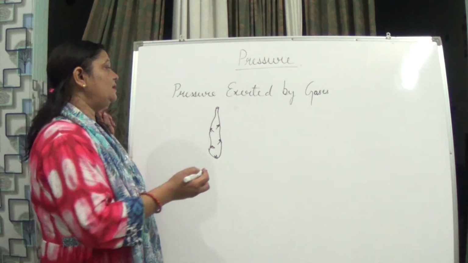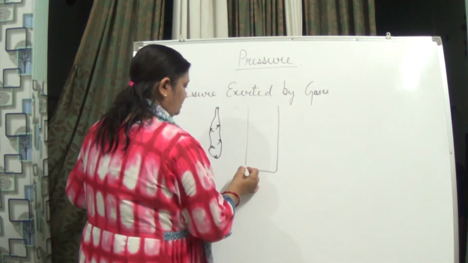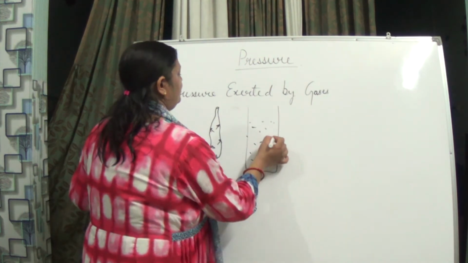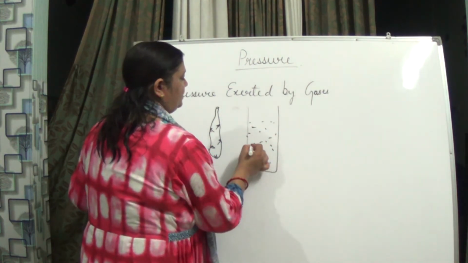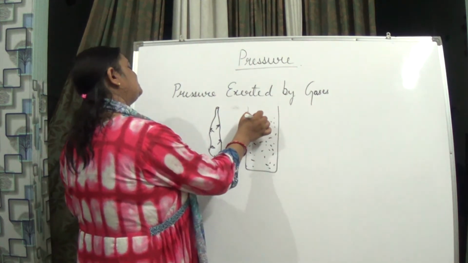Okay, so if we take a cylinder, and what is present inside it? The air. So this is equal to the air which is present inside the cylinder.